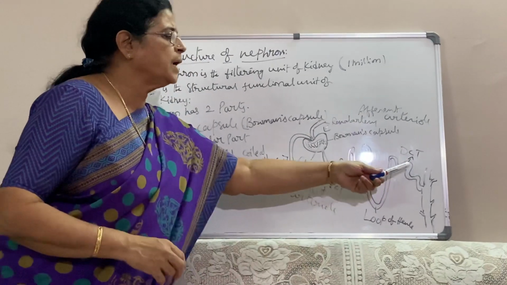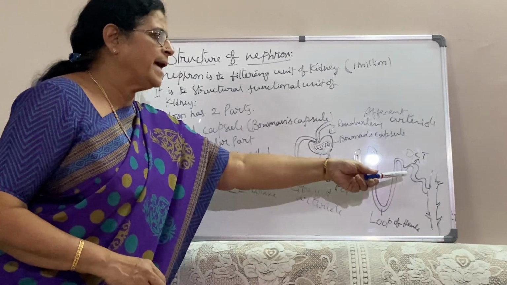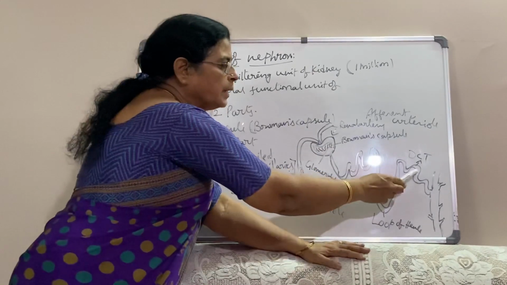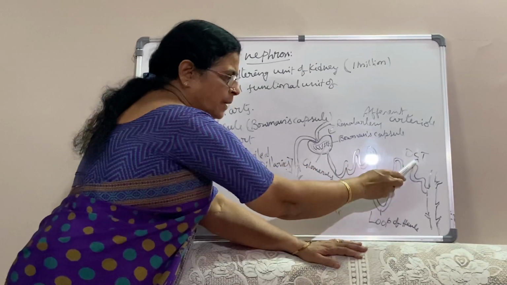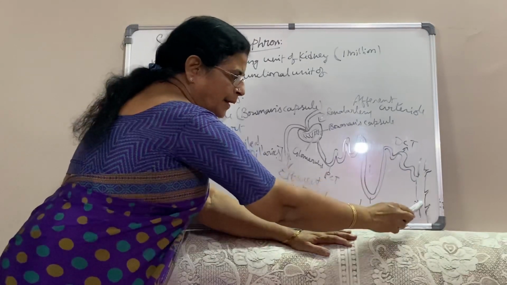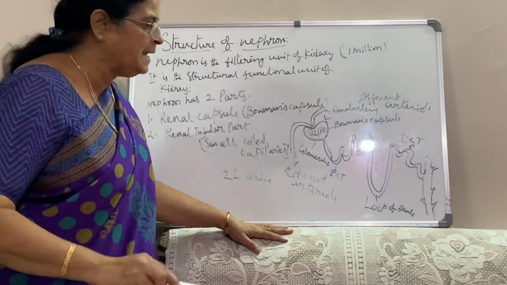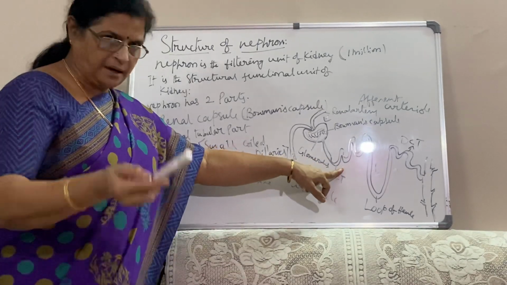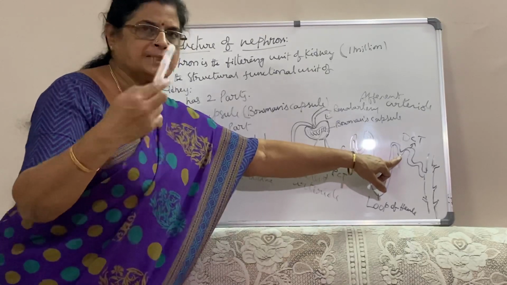So what happens here? Ammonia, some ions of sodium, potassium, etc. are secreted here. So this part is tubular secretion. After that, the urine will be collected into the collecting duct and moves into the ureter of the kidney. So PCT is reabsorption, DCT is tubular secretion.